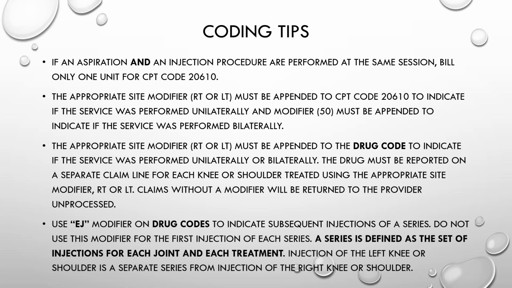So you would not code 20610 RT for the right knee and then another unit of 20610 LT for the left knee. Okay, and that goes for any of the, if you do arthrocentesis on shoulders, elbows, fingers, you can only do one of those codes per session. Okay, so it's going to be right side, left side, or bilateral.